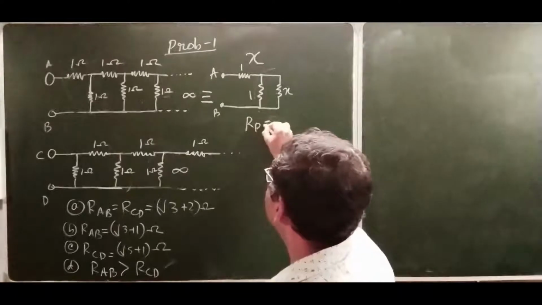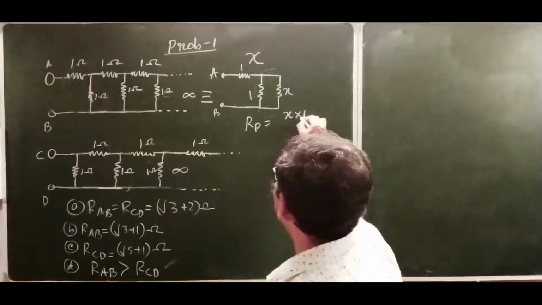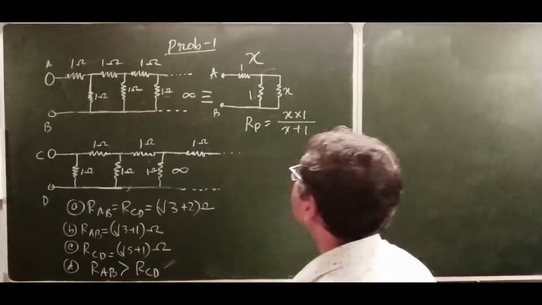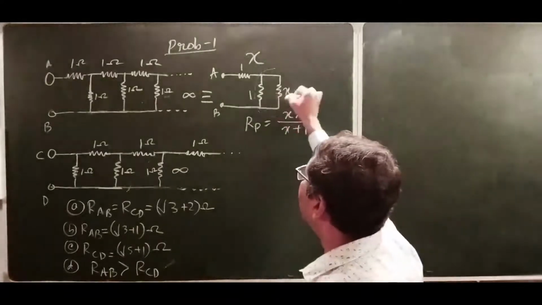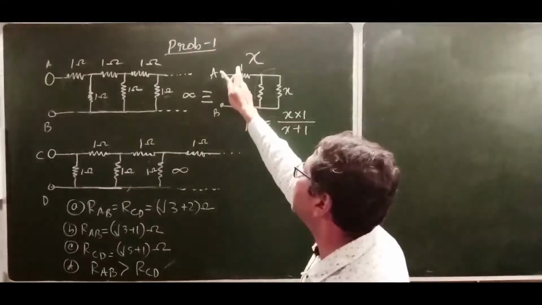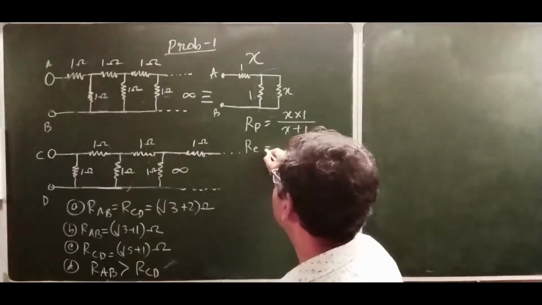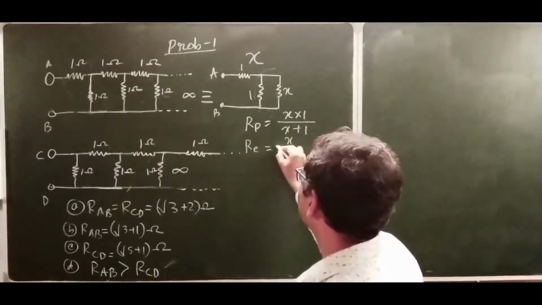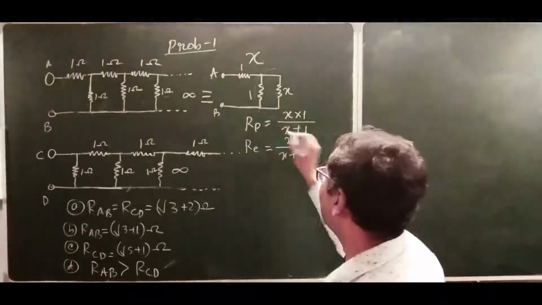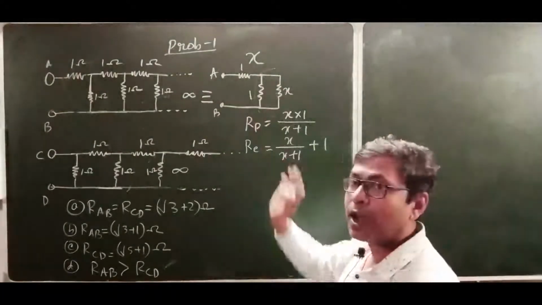So the equivalent resistance of these two is, by the shortcut method, product of the resistances over sum of the resistances. So the equivalent of these two is this, and this resistance is in series with this 1 ohm. So the final equivalent resistance will be this resistance plus that 1 ohm resistance, simply the algebraic sum, because these two resistances are in series.